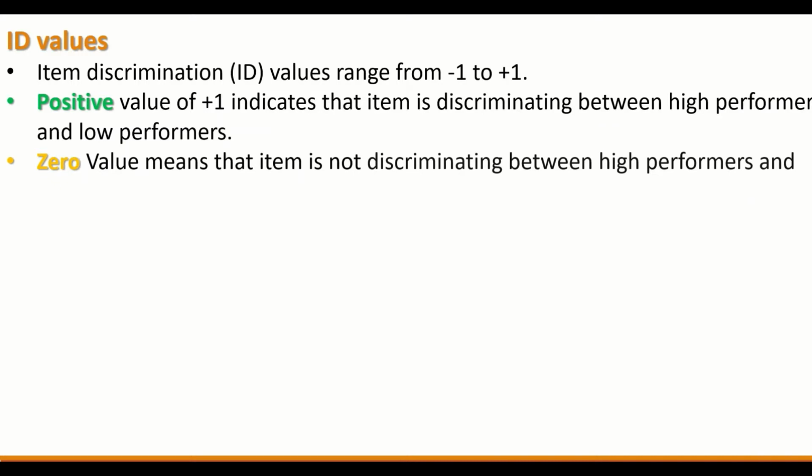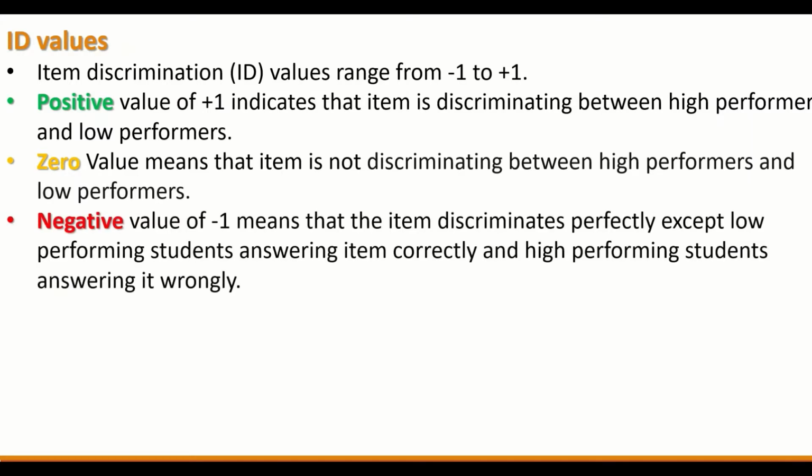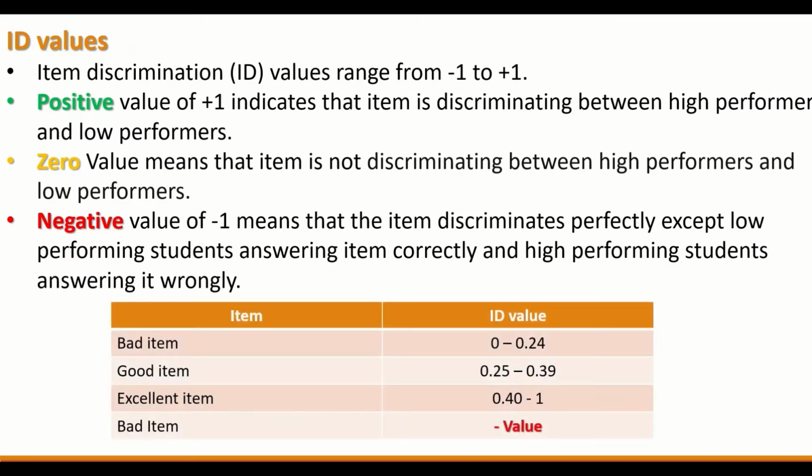A zero value means that the item is not discriminating between high performers and low performers. On the other hand, a negative value of -1 means that the item discriminates perfectly, except that low performing students answer the item correctly and high performing students answer it wrongly.